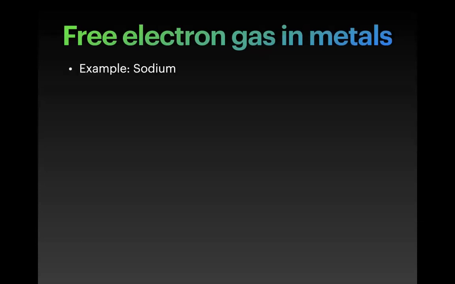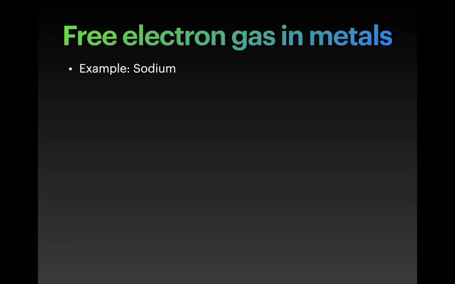Example, sodium. Pure sodium is a metal. You could do this calculation based on some stuff from chemistry. You would ask what is the mass density of sodium, and then use the molar mass of sodium to convert that to a number density, the number of sodium atoms per unit volume.